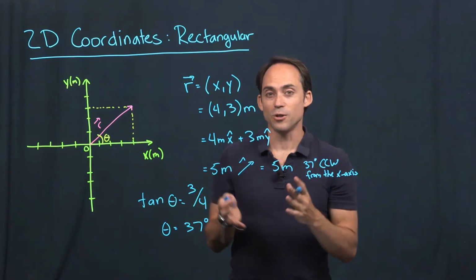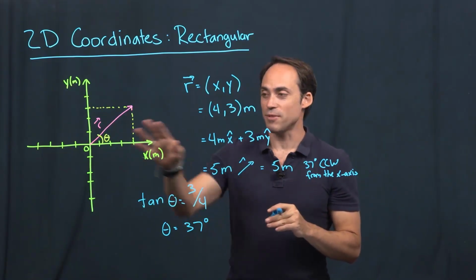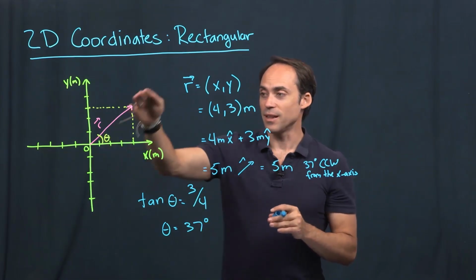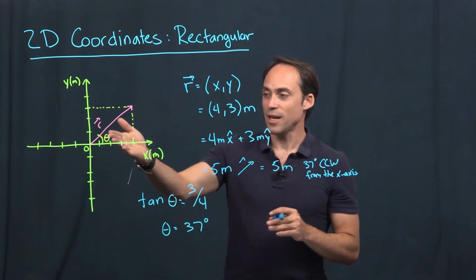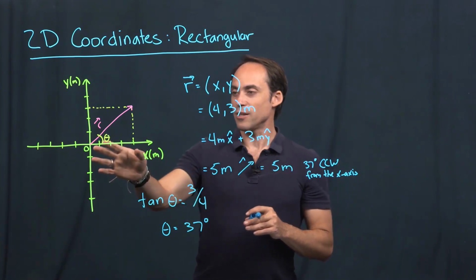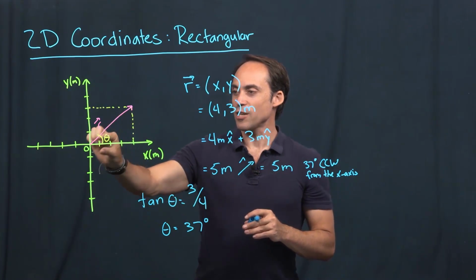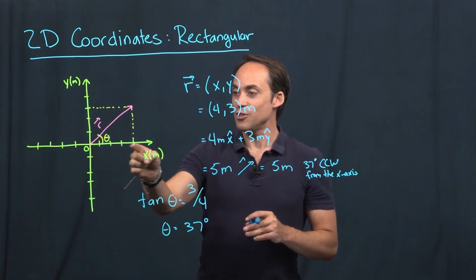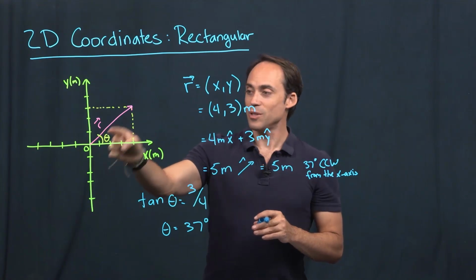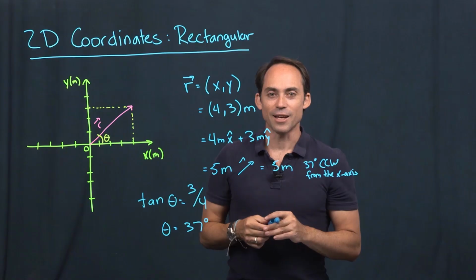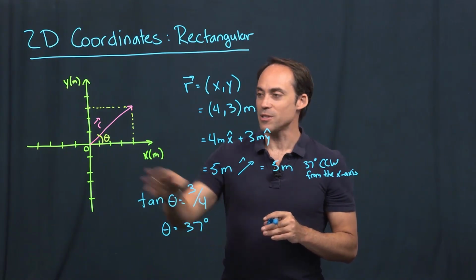Now we can close the loop on this and see how we would write this vector along its coordinates if all we're given is the length of the vector, the magnitude of the vector, and the angle with respect to this x-axis. Well, again, let's look at this triangle. We can see that the projection of this vector along the x-axis is the adjacent side to this angle. And remember from our SOHCAHTOA rule that adjacent over hypotenuse gives us the cosine.